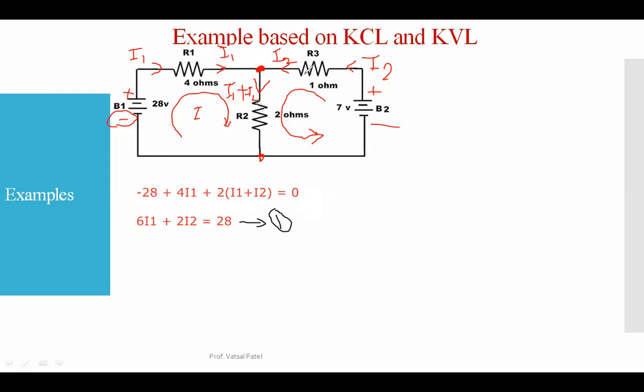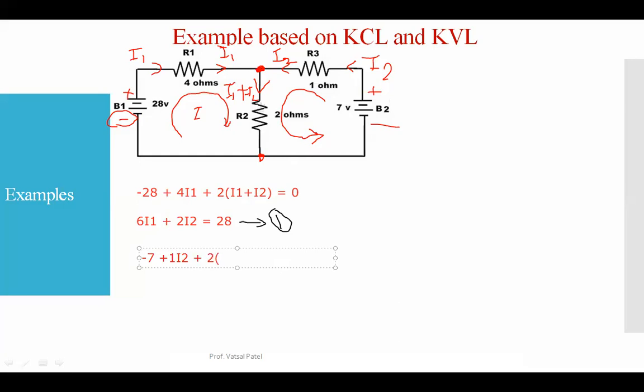Now, when I apply the second loop here, if you see, it is in the anti-clockwise direction. So the minus terminal comes first here. So what will we write? Minus 7 plus 1 ohm resistance through which the I2 current is flowing, plus the 2 ohm resistance is still there.